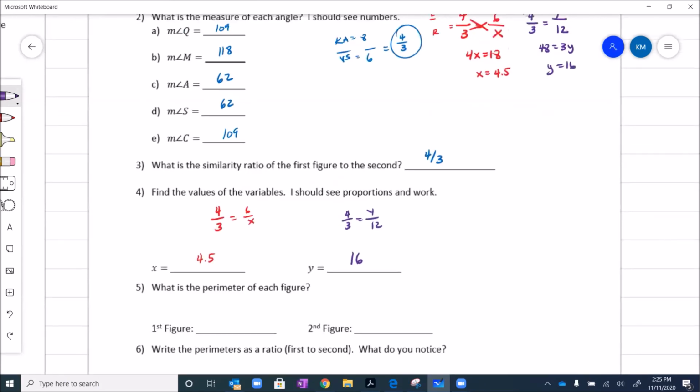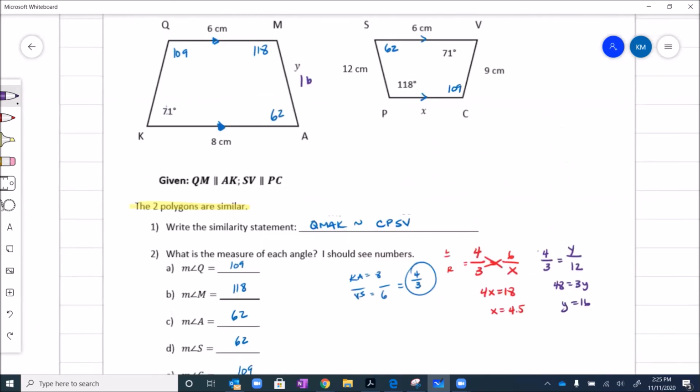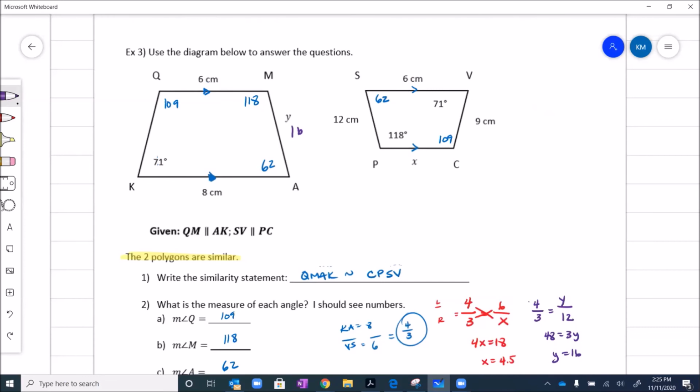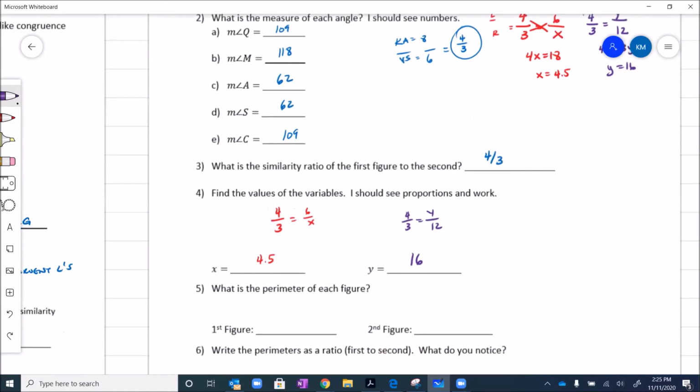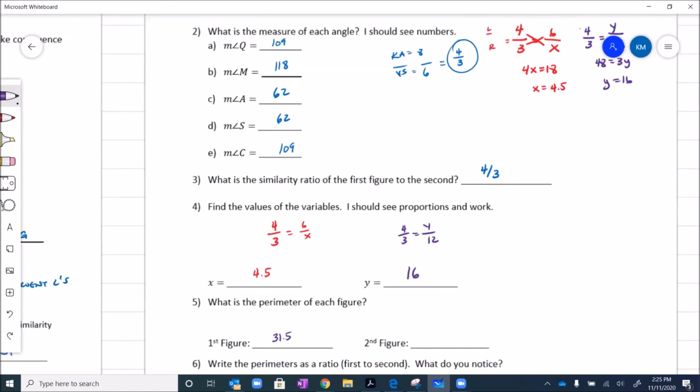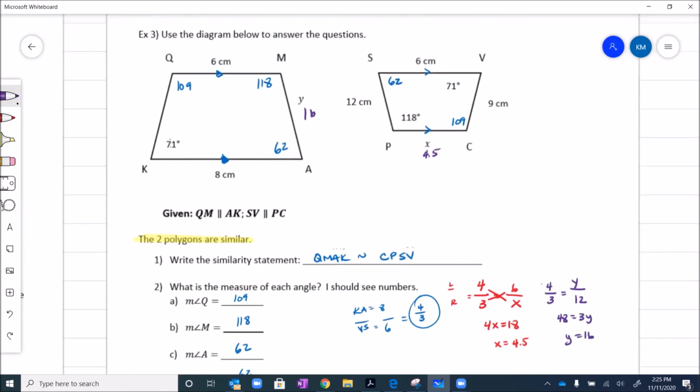Final question says, what is the perimeter of each figure? Since we know these sides now, or actually, at least we found x and y, I can find x, what was x, 4.5. Okay, so the perimeter for this figure is going to be 4.5 plus all these, 15, 27, 31.5. And the perimeter for the second figure, I need to find this side still, right?